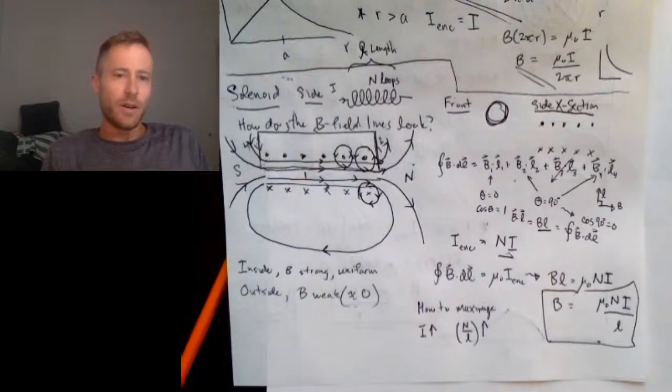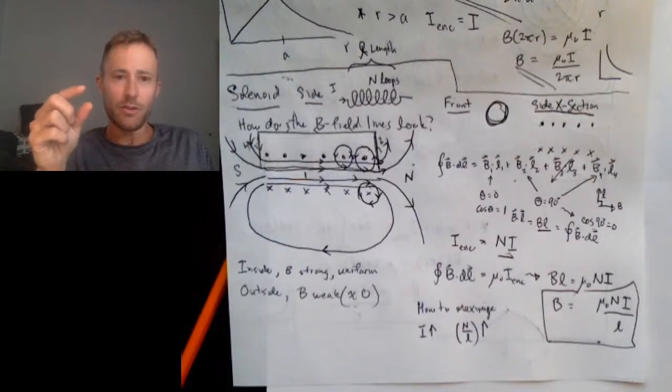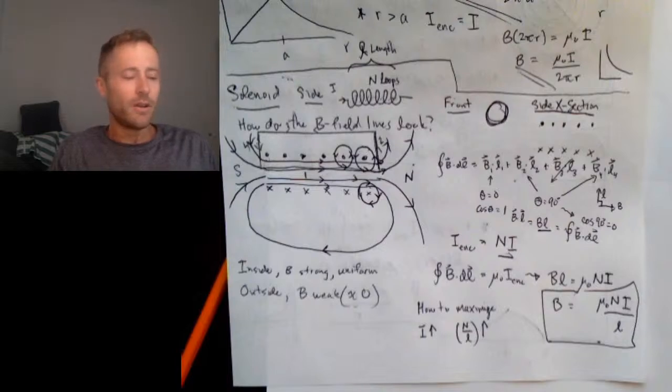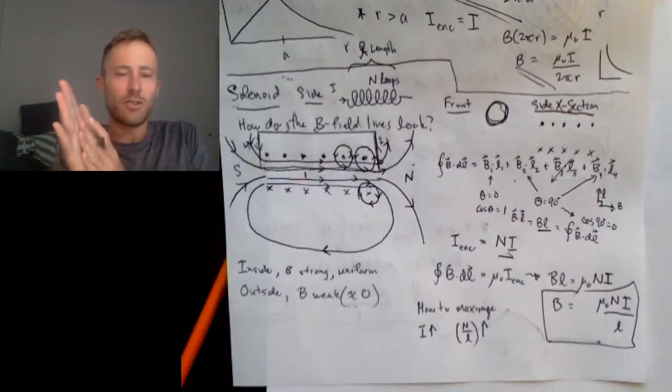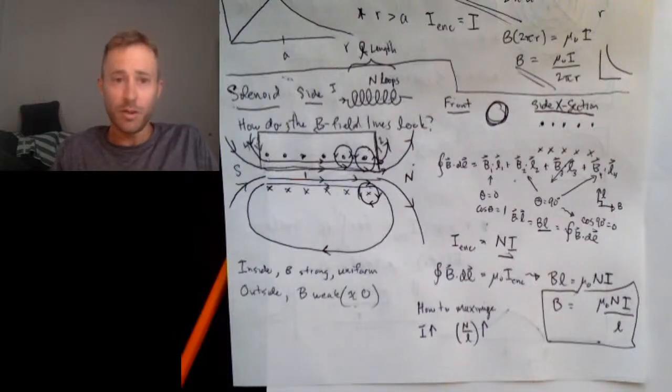But these are competing factors, because the bigger the current is, the thicker the wire has to be to carry that current safely. And the thicker the wire is, the less tightly you can wind it in a loop. Alternatively, the more tightly you wind the wire, the thinner the wire has to be, which means the less current it can carry. So you have to make an engineering choice.